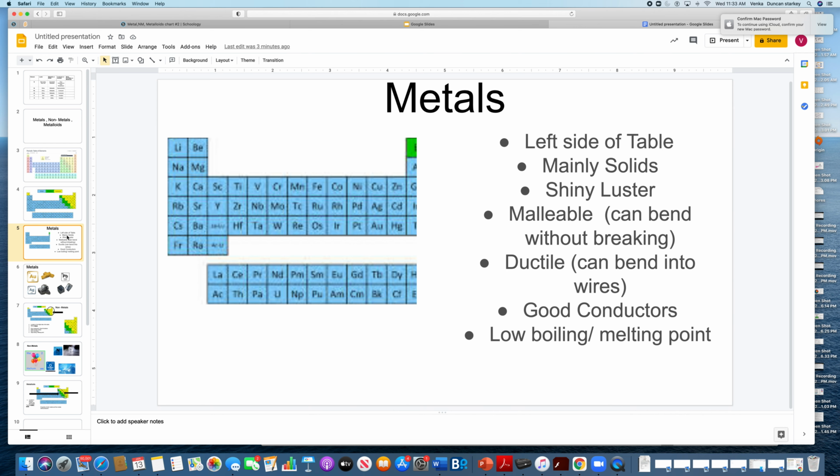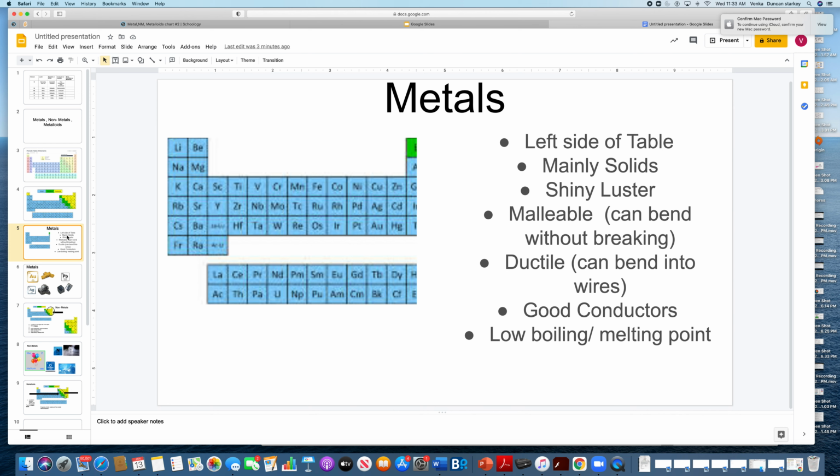Here we have metals. Located on the left side of the periodic table, metals are mainly solids. They have a shiny luster, which means when you shine a light on them, they reflect that light. They are malleable, which means they can be easily bent without breaking, or they're moldable.